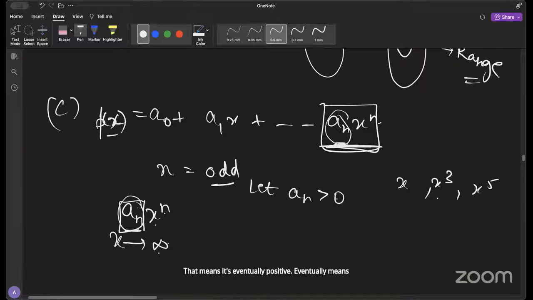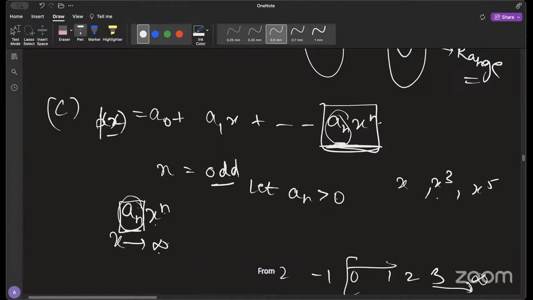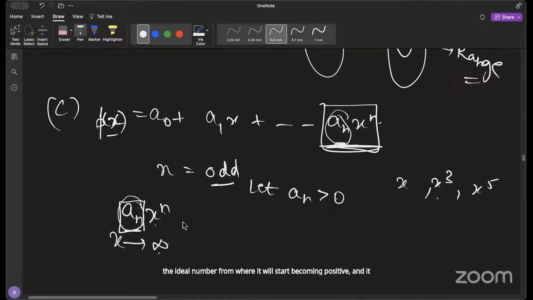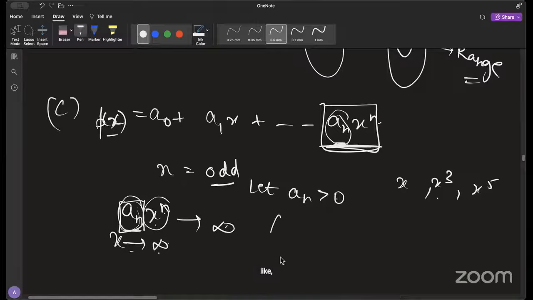Eventually means even if you start x from -2, -1, 0, 1, 2, 3, there will be a number from where it starts becoming positive, and it remains positive afterwards. So this entire thing is positive and keeps increasing, meaning it goes to infinity. For example, take 3x to the power 5. 3 is positive, x to the power 5 goes to infinity as x tends to infinity, so the entire thing goes to infinity.